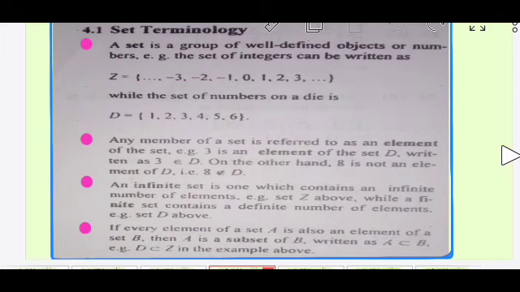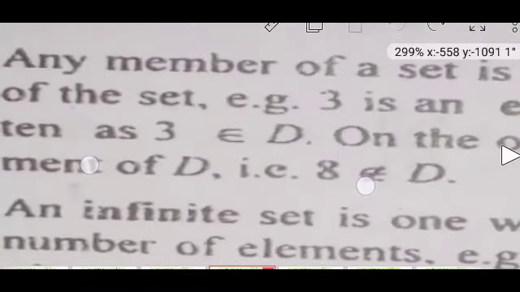The next terminology is member of a set. It says any member of a set is referred to as an element of the set. E.g., 3 is an element of the set D, written as 3 ∈ D. Take note, this sign is a general sign representation of member of a set.